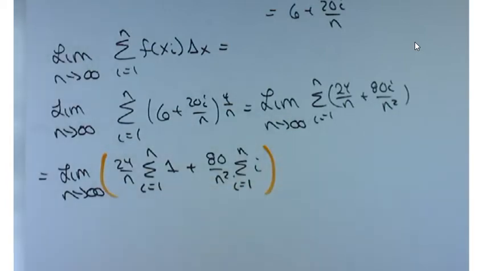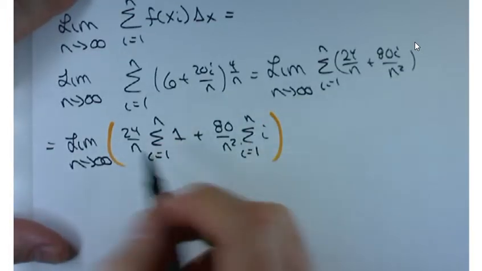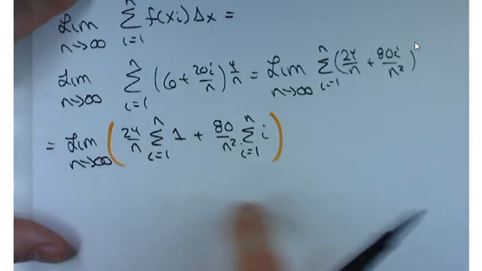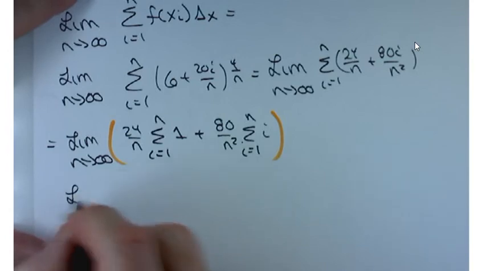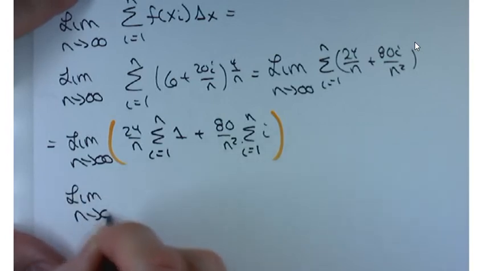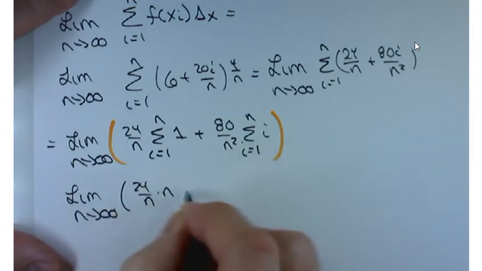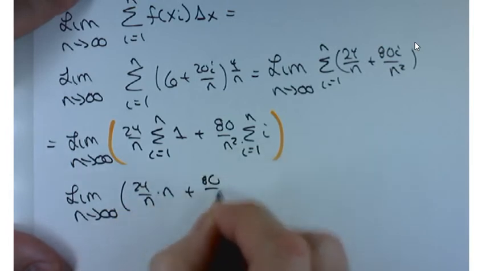Now it's at this step that I can really make some progress. The sum from 1 to n of 1 is just 1 plus 1 plus 1, n times. So that one is just n. So I get 24 over n times n, plus 80 over n squared.